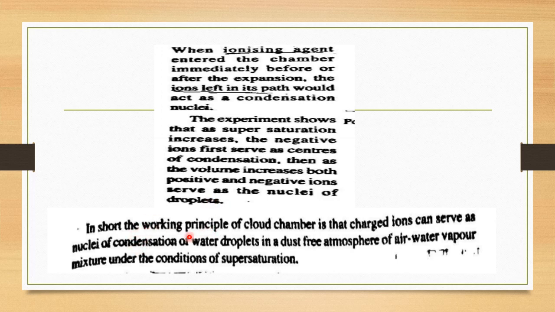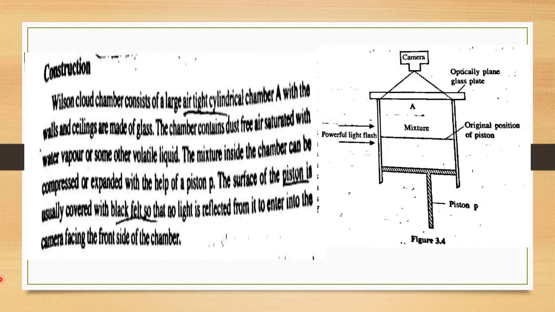In short, the working principle of cloud chamber is that charged ions can serve as nuclei of condensation of water droplets in a dust-free atmosphere of air-water vapor mixture under the condition of supersaturation. This is the working principle.